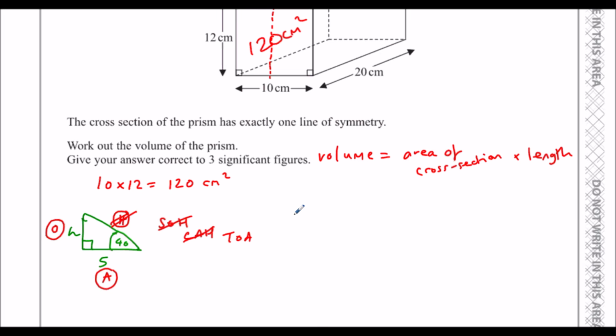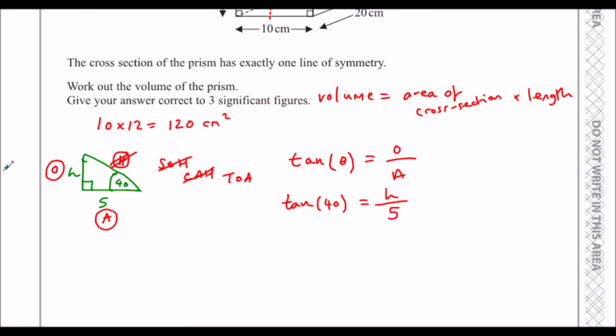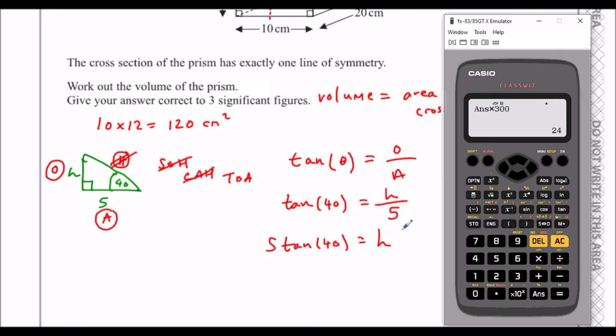And that means tan of the angle is equal to O divided by A. So tan 40 equals H, the height of the triangle, divided by 5. So we'll multiply both sides by 5. So 5 times tan 40 equals the height of the triangle.